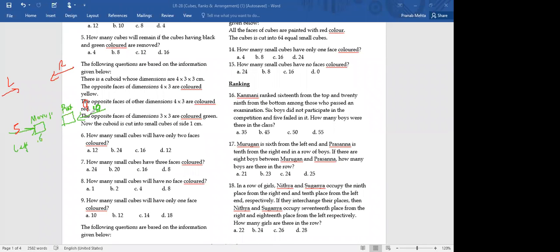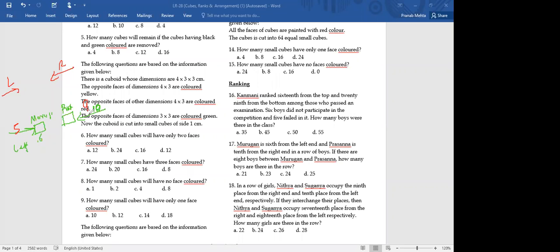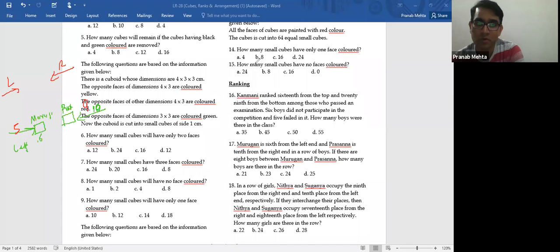Sir, I did not understand the positioning. Which part have you not understood? I did not understand how he is sixth from the left but standing towards the right. No, what they are saying is, let us assume many people are standing in a row facing the sun. There are people on the left hand side and people on the right hand side.